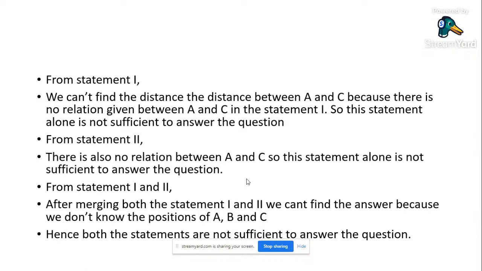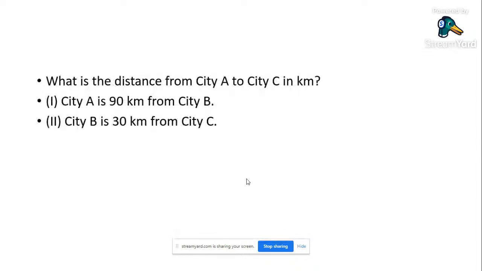Is it clear now? Pratmesh and Nikita, could you please confirm me? Yeah, thank you so much.